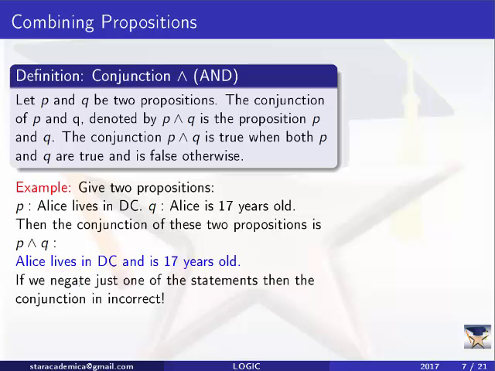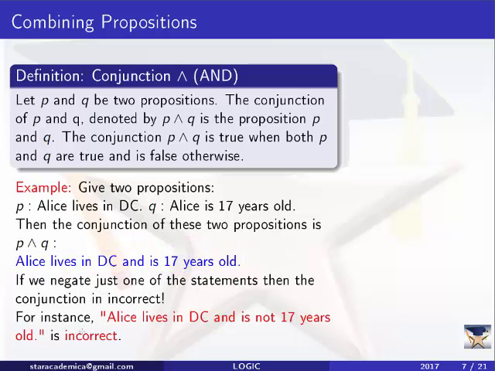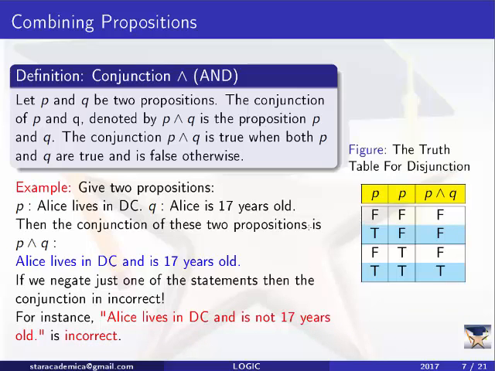So here is P and here is Q. If we negate one of these, then the result will be incorrect. So when we combine with the AND, both must be true to get a valid statement. Otherwise, it will be incorrect. For example, if we say that Alice lives in DC and she is not 17 years old, then this statement is incorrect. It's false.